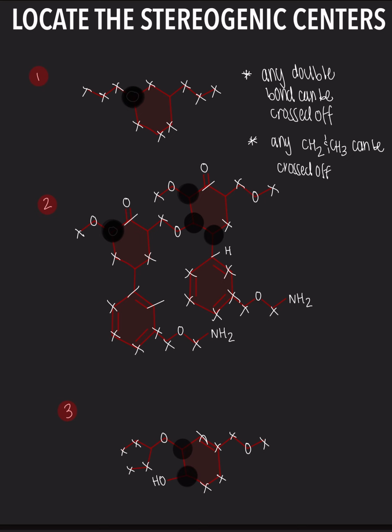So, oh, wait. Oh, no. See how this one, technically, this group here is the same as this group. So, no, this is not a stereogenic center. So you only have 2. So in this you have 2. The last one. So you have 1.